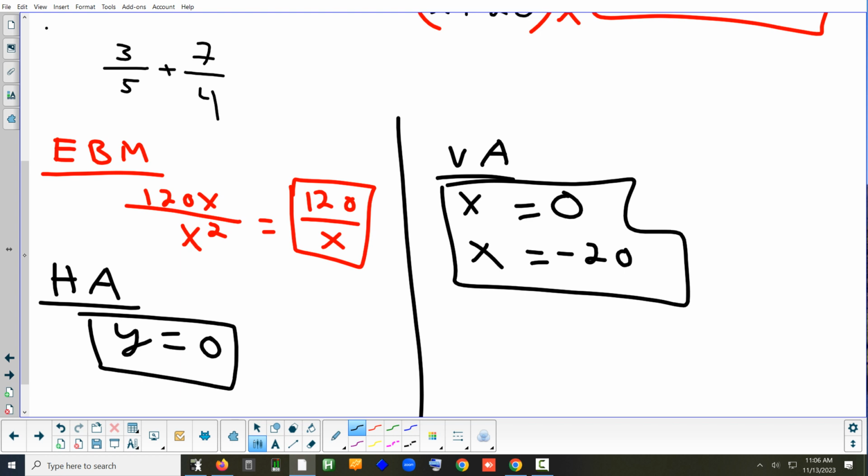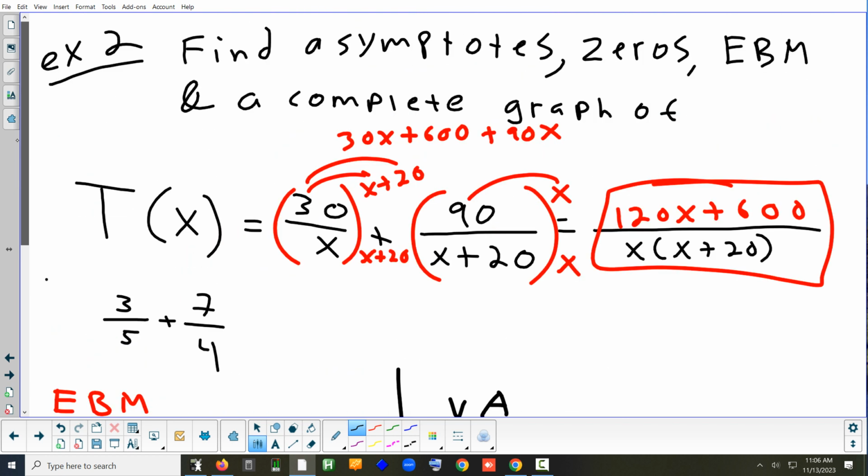Okay, so horizontal, vertical, the EBM. Okay, and the zeros. When we talk about a 0, what does that mean on the graph? 0 is where the graph does what? Crosses the x-axis. It's where it crosses the x-axis.